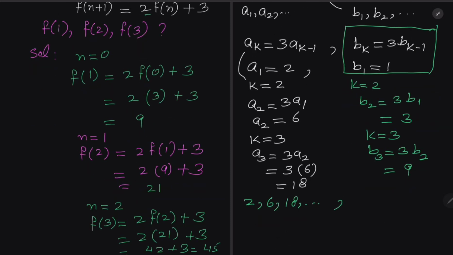You can see that b1 is 1, b2 is 3, b3 is 9. So one sequence generates 2, 6, 18, multiples of 2. On the other hand, the sequence b generates 1, 3, 9, and so on.